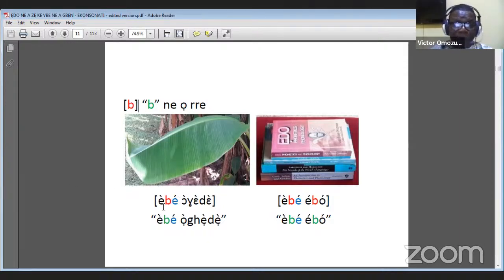You have examples here, abe ore, abogede, and then abe ebo. In blue, we indicated that in running speech, that is in rapid speech, that vowel is always elided, and then you have abogede or abebo.